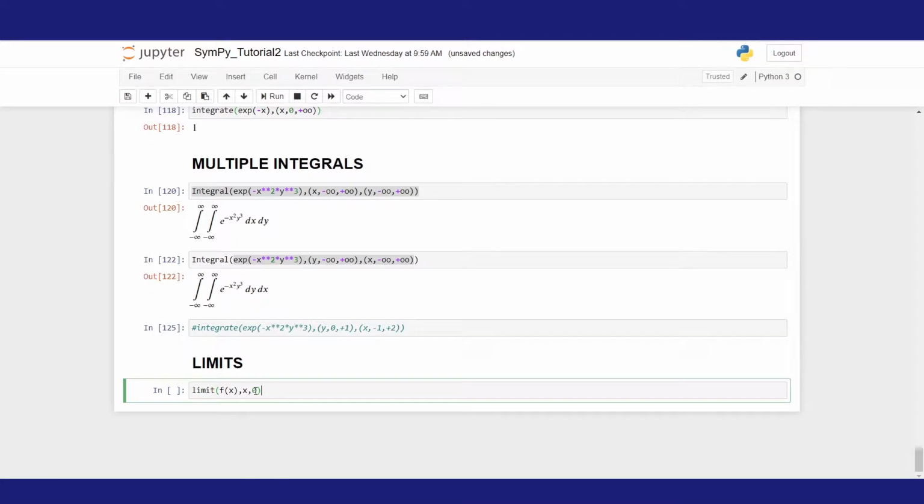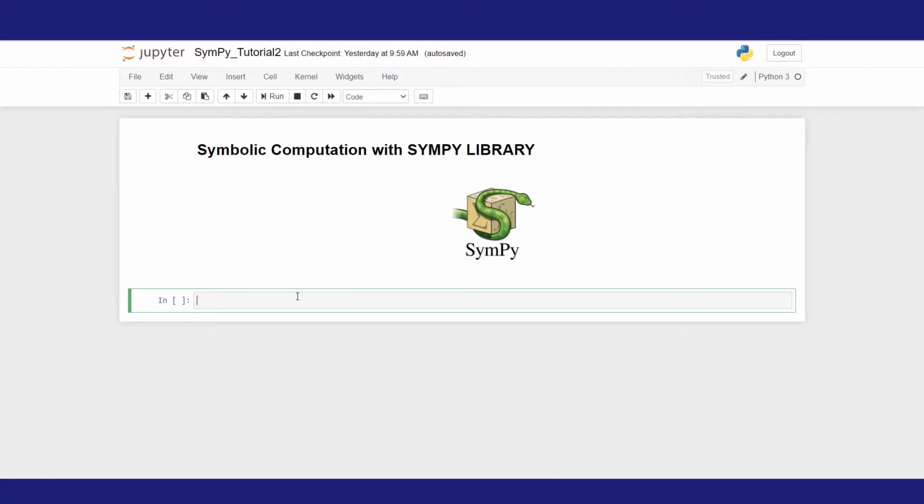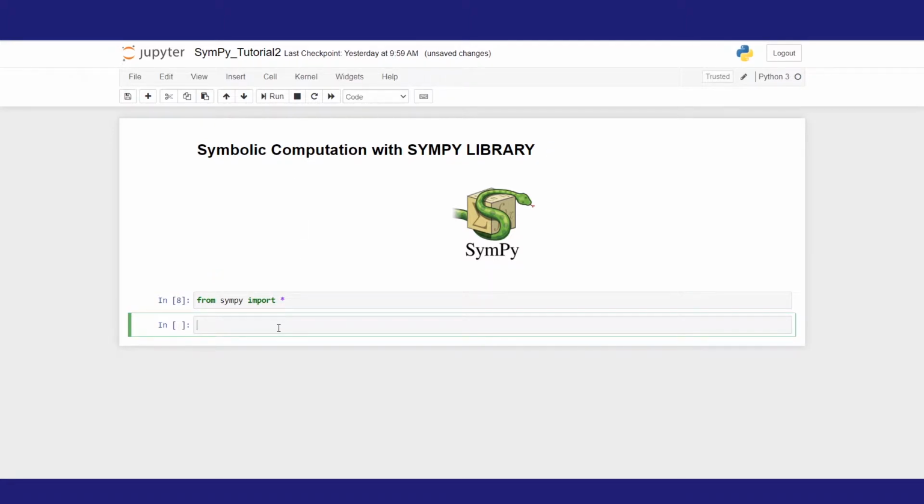So what you're going to do is first of all import SymPy, and because I'm going to be using only SymPy, I'm free to import everything that is available within SymPy. So I'm going to simply begin by saying from sympy import star, that means everything. And then if I run that, I'll be able to go to the next cell.